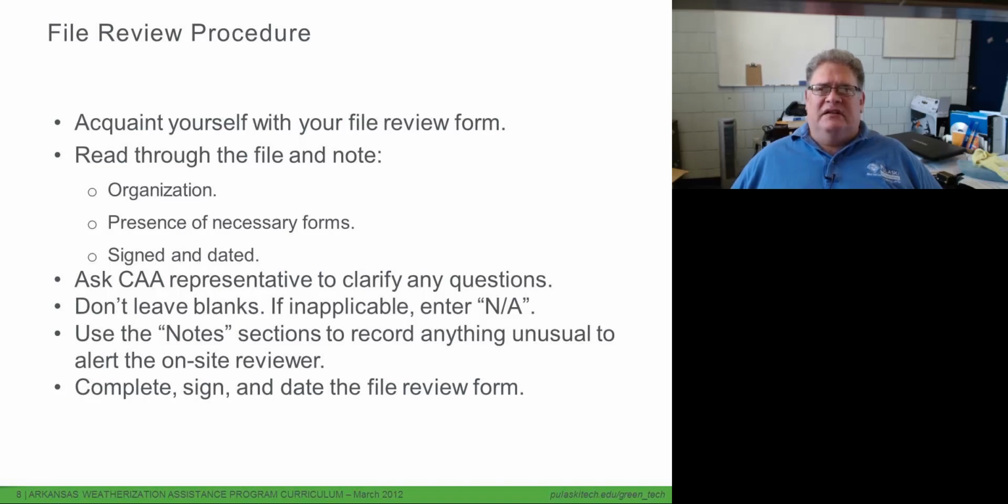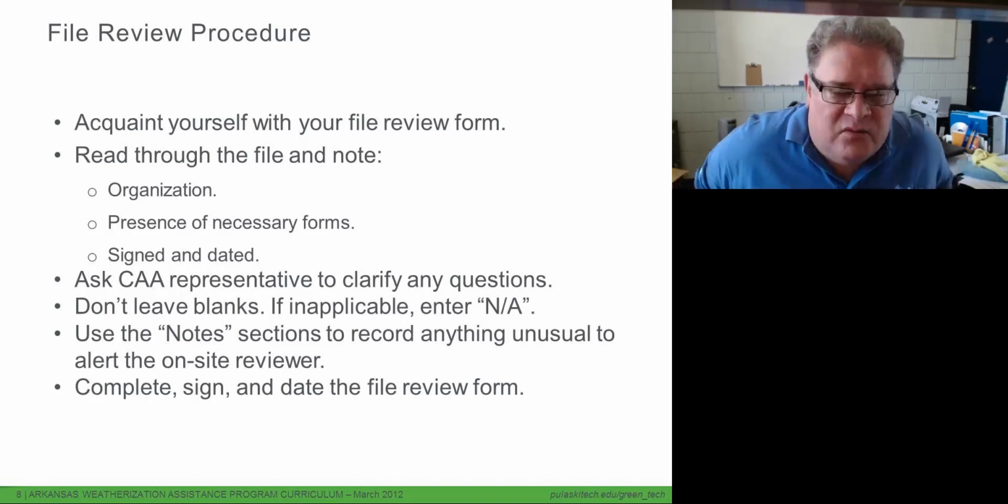Or if you're seeing that a window was replaced, but there's no photographs of the replacement window, but you do have an invoice for the window, then you might ask them to take a look and see if the window was really replaced. And then when you're done, you want to complete, sign, and date the review form that you filled out. Okay.